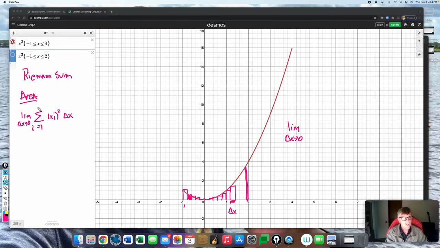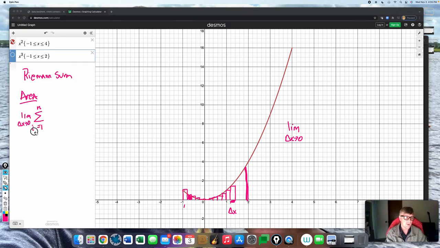Now, some books will call this an n for n rectangles, but there can't be n rectangles if this approaches 0, right? There's going to be so many rectangles that you can't add them all together by hand, so you have to evaluate a sum. And evaluating that sum is very difficult.